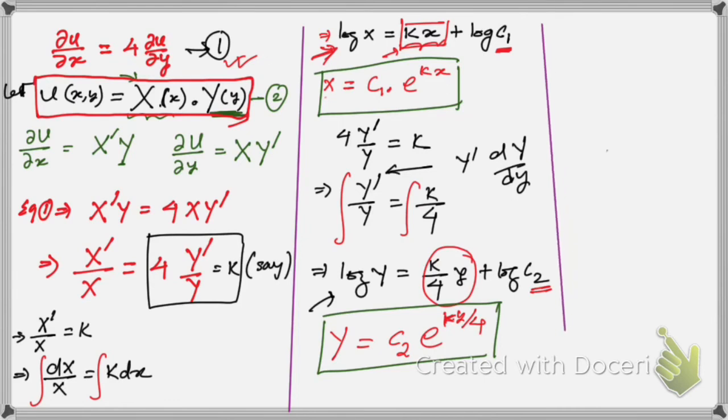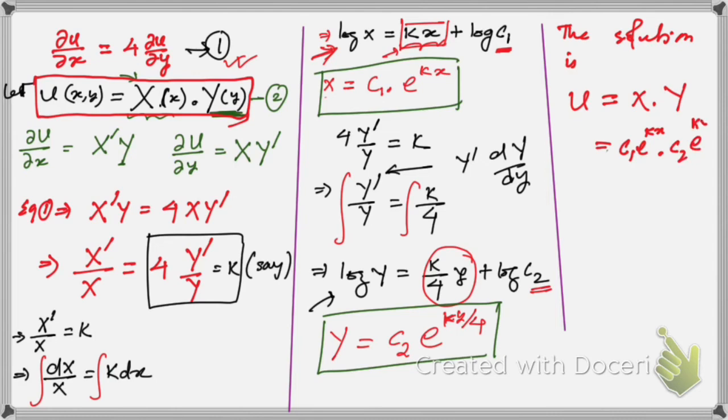So the solution is u, that is, not t, here we have taken capital X capital Y. Now let us put the values of capital X and capital Y. So c1 e to the power kx into c2 e to the power ky by 4, and this can be written as c1 c2 e to the power kx plus k small y by 4.